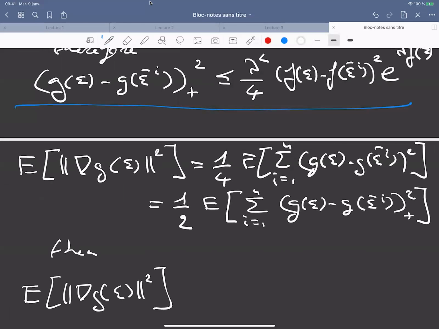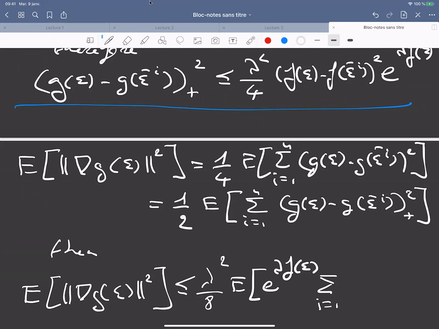We use it and we get that it is less than lambda square over 8 times the expectation of exponential of lambda f of epsilon, which appears as a factor in all these inequalities here, times the sum of f at point epsilon minus f at point epsilon bar I squared and positive part squared.